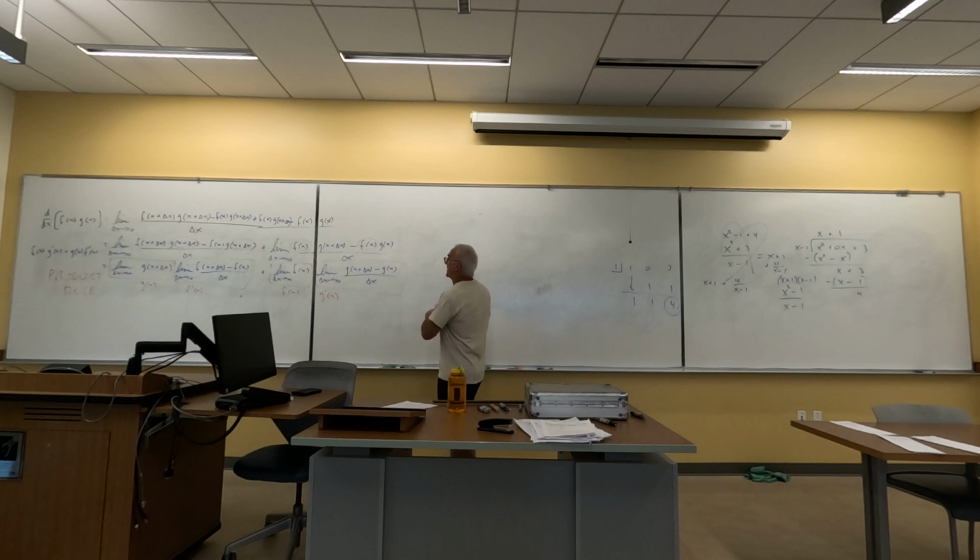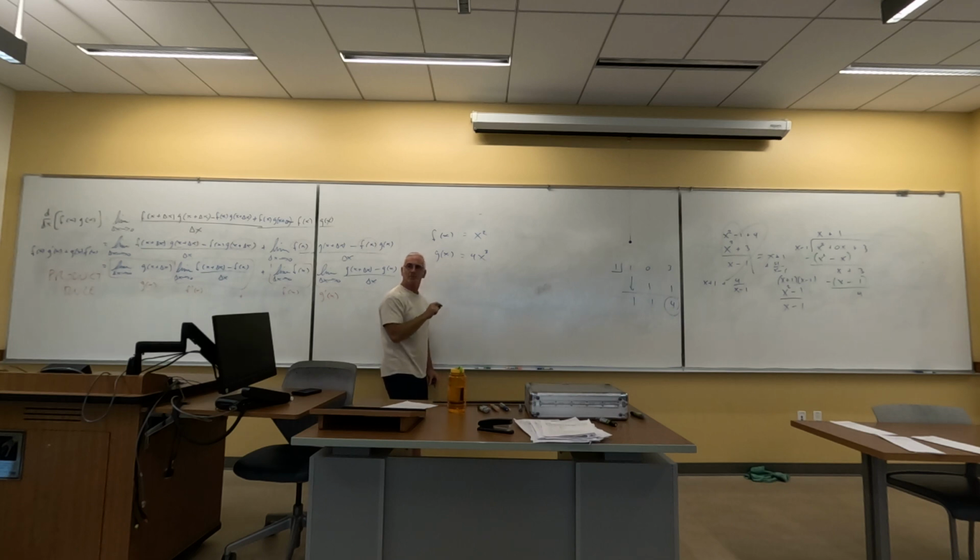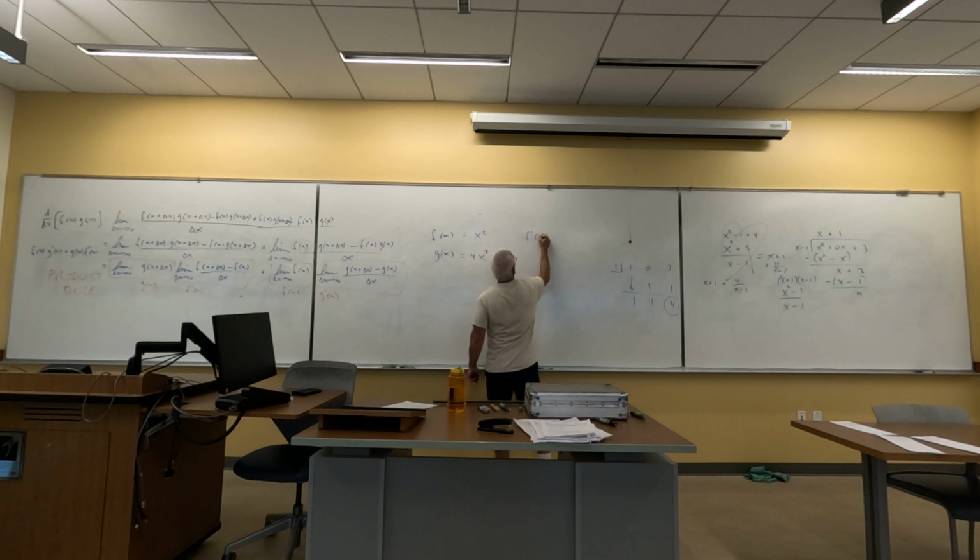Now, the first example that I did a little while ago, I think I did x squared, what was the other one again? It was 4x cubed plus 3. f prime of x, we agreed, is 2x. g prime of x is 12x squared.